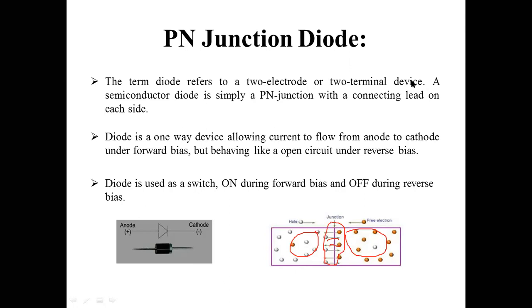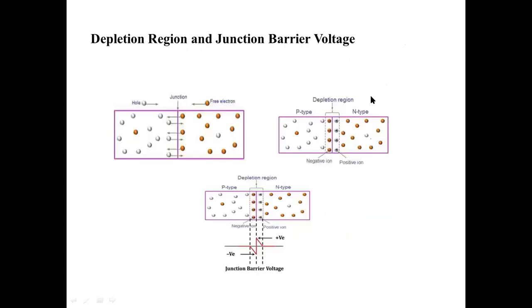Next we can see the depletion region and the junction barrier voltage. Because of the movement of electrons and holes crossing the junction, they start recombining with the holes and electrons on the opposite side of the material, and then they get deposited here as immobile ions.